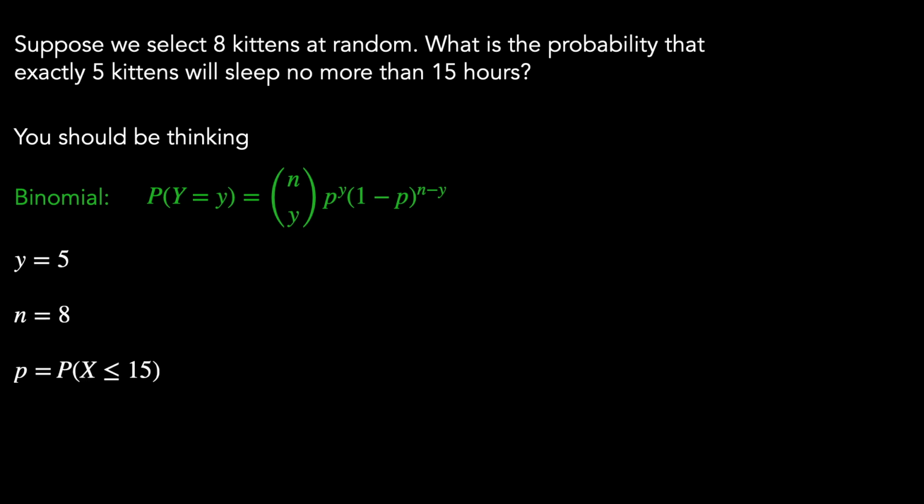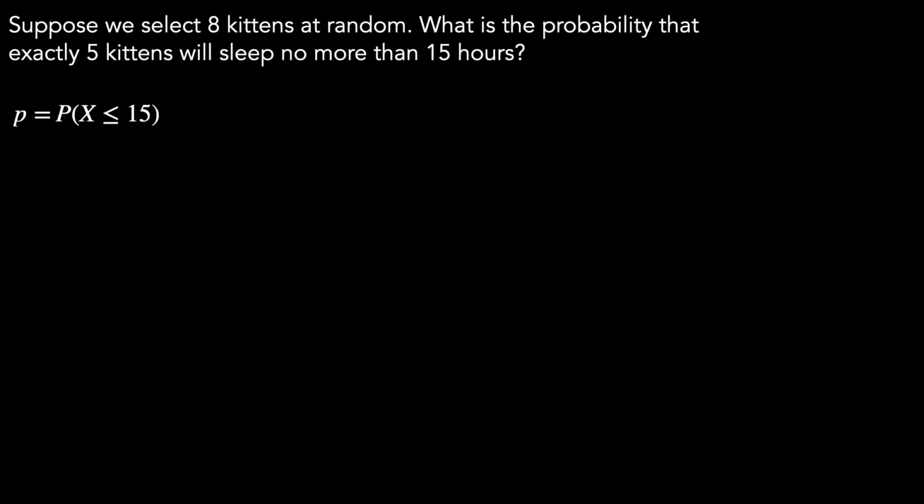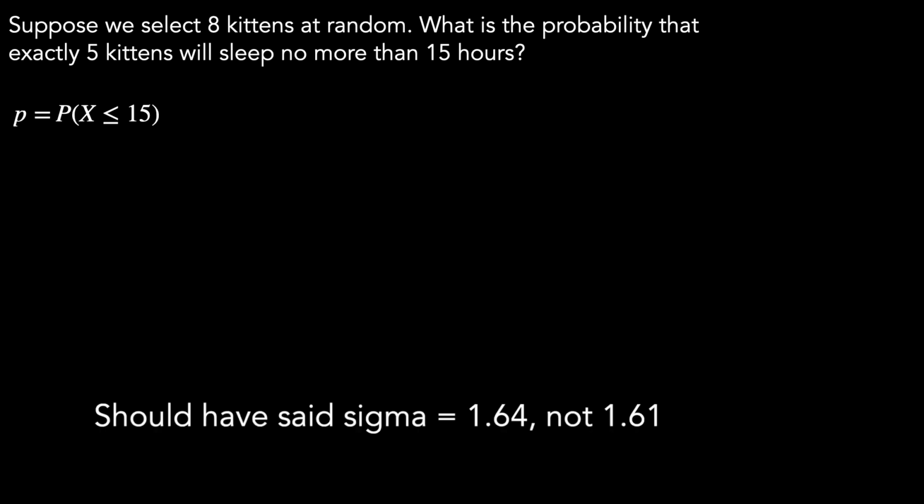So the probability is that our normally distributed random variable capital X is less than or equal to 15. Now, remember that X is not a standard normal. It had a mean of 14 and a sigma that we determined last time was 1.61.